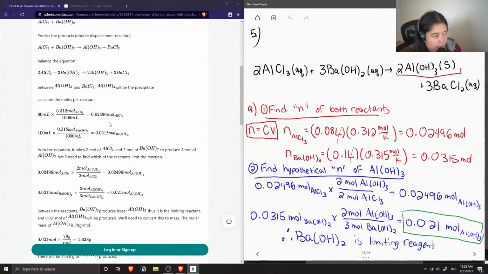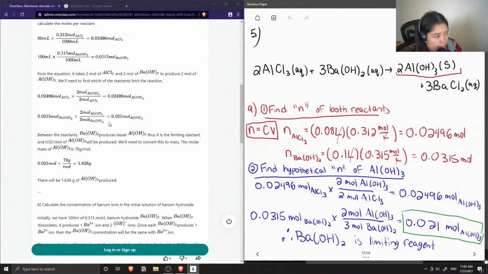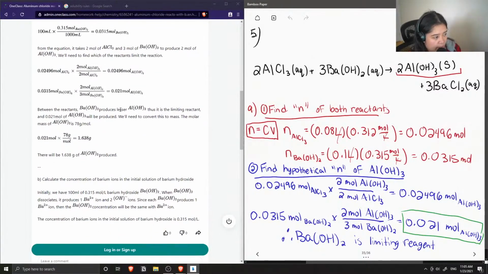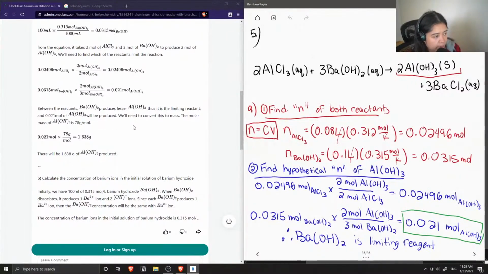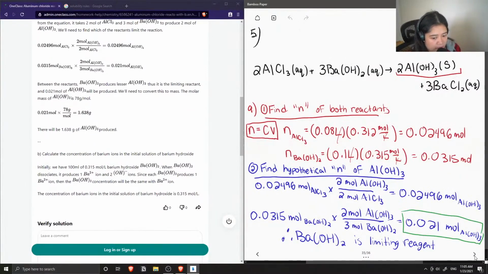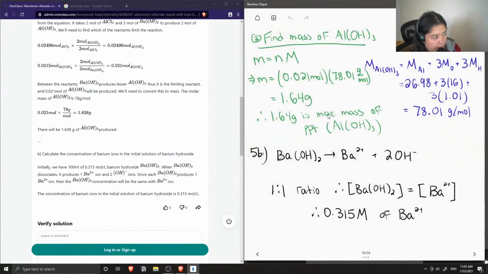So they calculated the number of moles of both reactants, and then they took into account the molar ratios to find the moles of aluminum hydroxide that can be produced. So barium hydroxide produces the less, so it is the limiting reactant. So therefore 0.021 moles of aluminum hydroxide will be produced. When you convert this to the mass, on my next page, you get 1.638 grams.